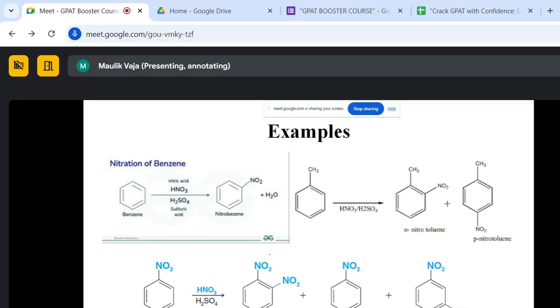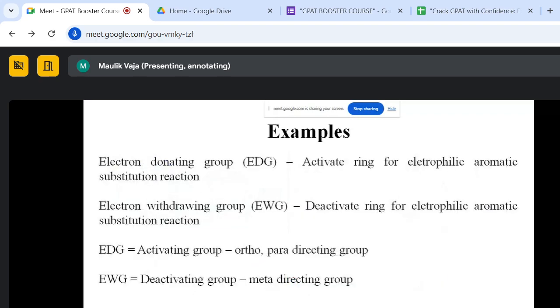An electron donating group will become an activating group. Why? It promotes the electrophilic aromatic substitution reaction, and an electron withdrawing group becomes a deactivating group because it deactivates the ring for electrophilic aromatic substitution reaction.